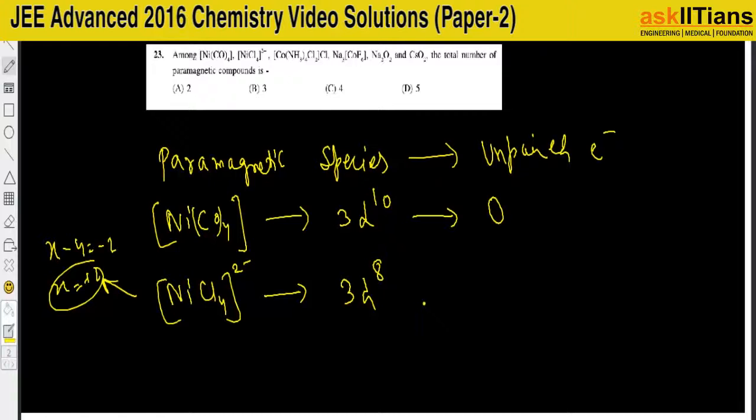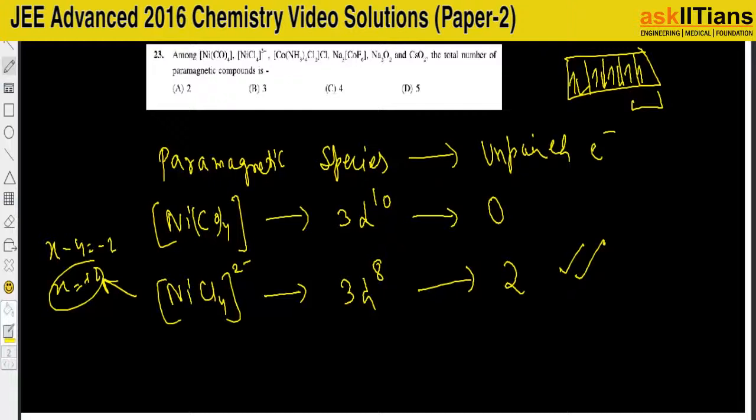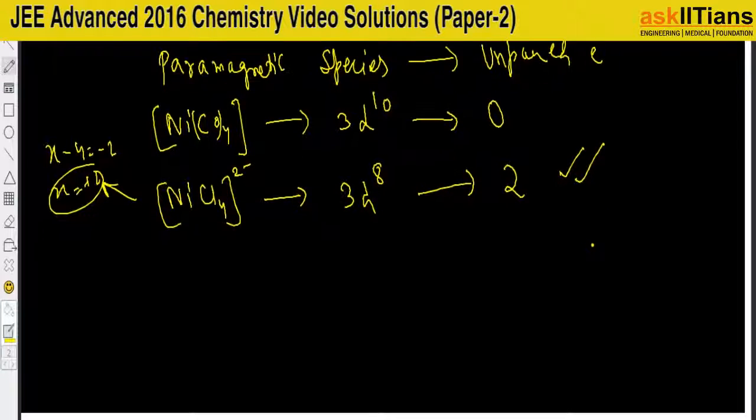I cannot pair up those electrons, and that is why, if I show you, 1 2 3 4 5, 1 2 3 4 5 6 7 and 8, these two will not get paired up because of the lower strength of the ligand, right? It is a very weak ligand, and that is why there are 2 unpaired electrons over here. So yeah, it is one of my paramagnetic species, guys. Okay, this is the paramagnetic species.